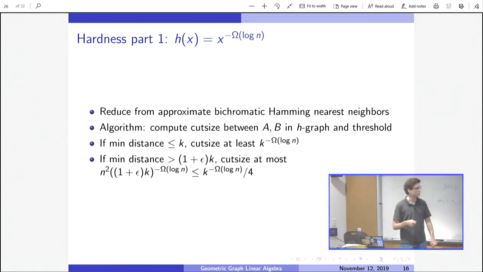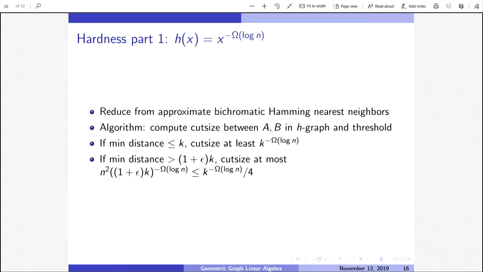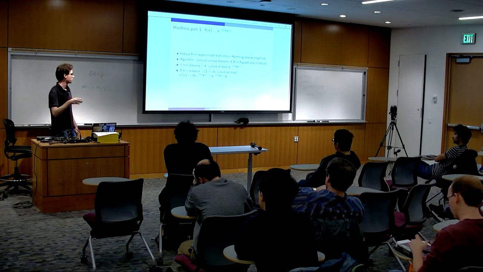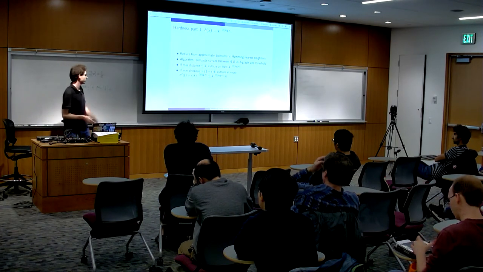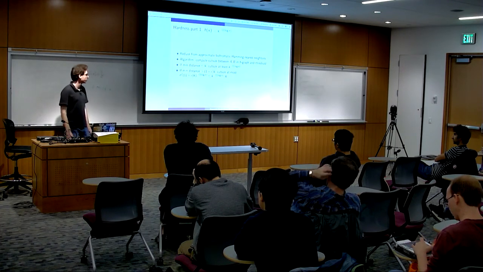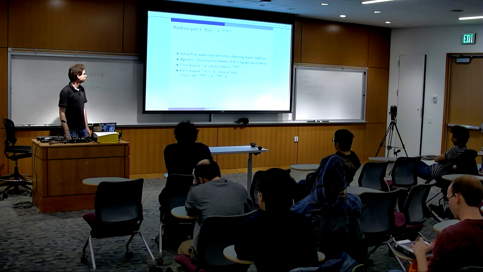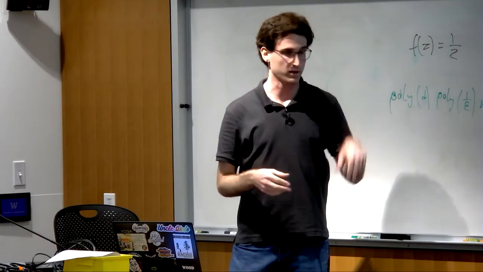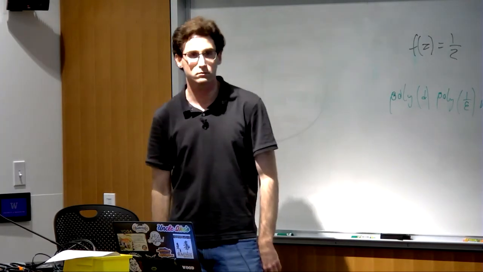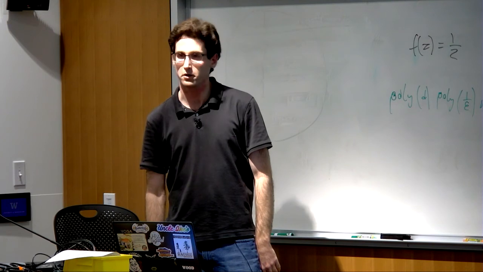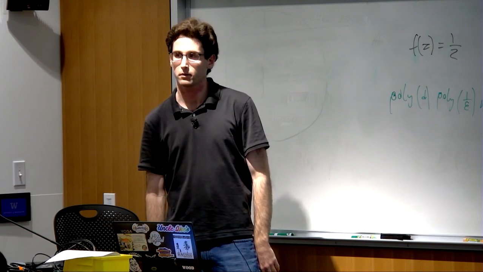If the minimum distance is at least 1 plus epsilon times k, the total size of the cut is n squared times some value that's much smaller than k to the minus log n. So there's a gap between these two settings. Are there any questions about this reduction?